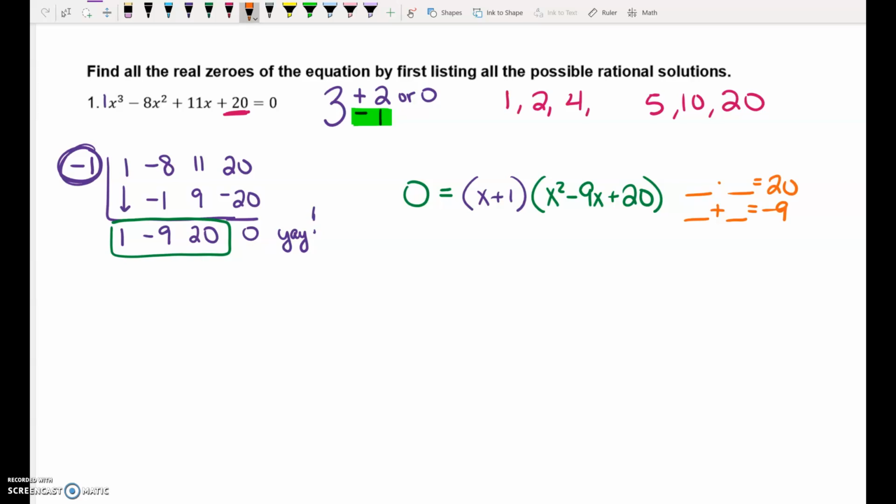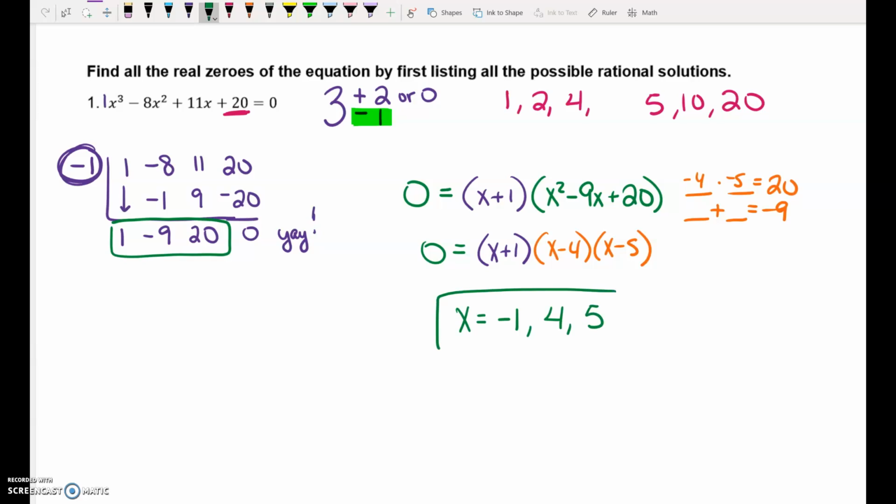I believe that's negative 4 and negative 5. So x minus 4, x minus 5. We've got our x plus 1 from before. So our solutions are negative 1, which we found in the synthetic division, positive 4, and positive 5.